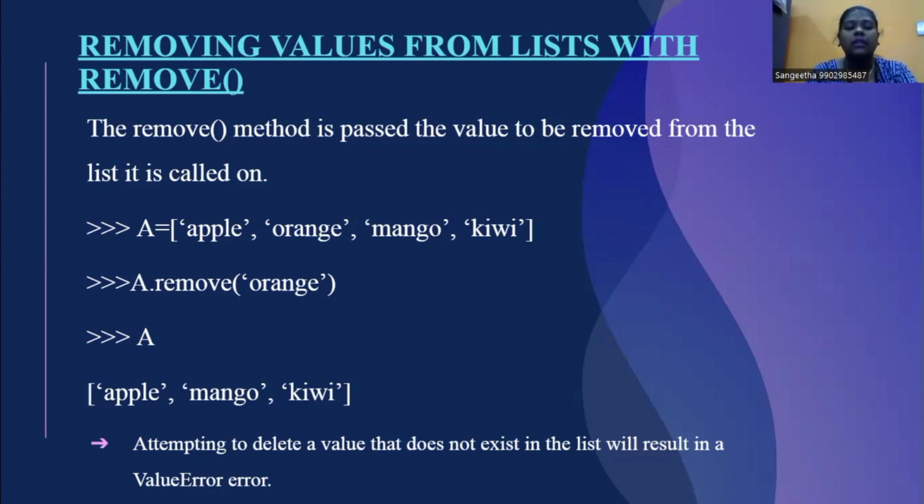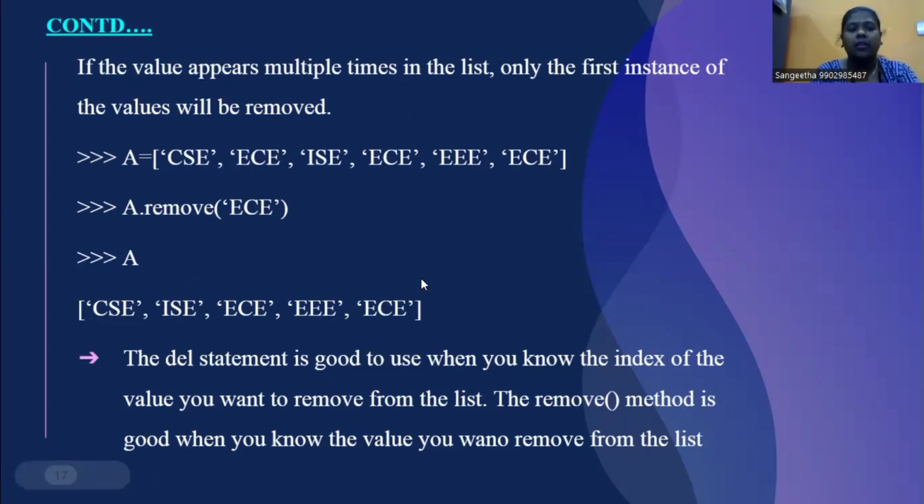Attempting to delete a value that does not exist in the list will result in a value error. If the value appears multiple times in the list, only the first instance of the value will be removed. A is equal to CSE, ECE, ISE, ECE, EEE, ECE. A.remove('ECE').